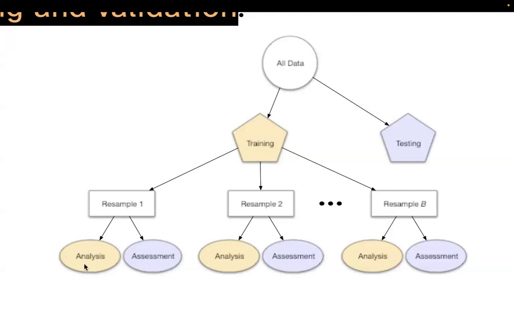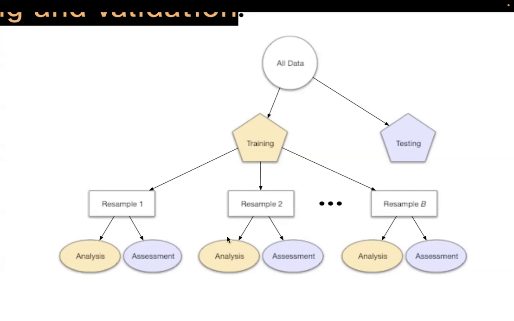So I run this model with given hyperparameter values on this part, and then I assess R-square, RMSE on this assessment piece here. Now for the next resample, maybe there are some observations from this first assessment set that are now randomly ending up in the analysis set of the other resample. That is what I mean by data leakage. You have some leakage here between the analysis and the assessment sets when you're training the model.